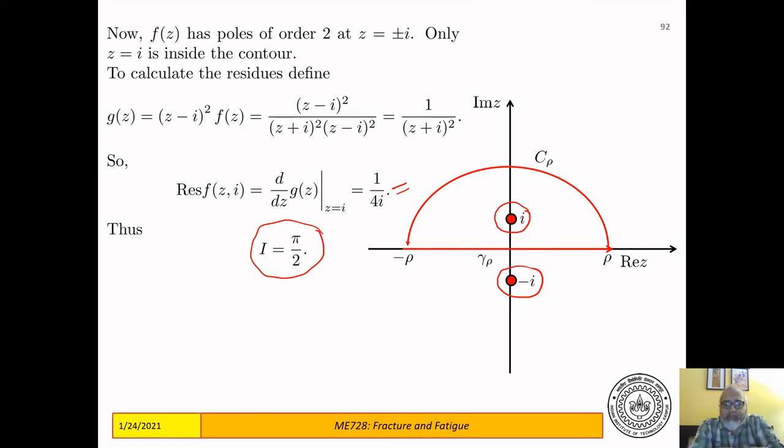If there are poles, then it's equal to 2 pi i times the sum of the residues. The contour integral of a function over a contour enclosing a region where the function has a finite number of poles is 2 pi i times the residue. There's a way of calculating the residue, and that you have to know.